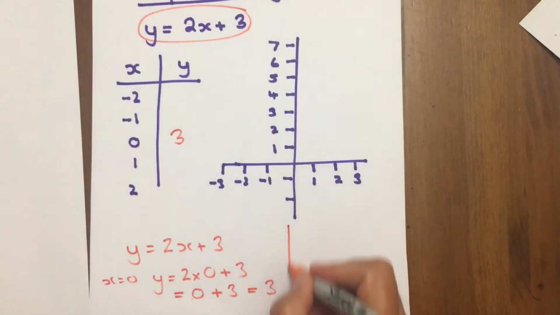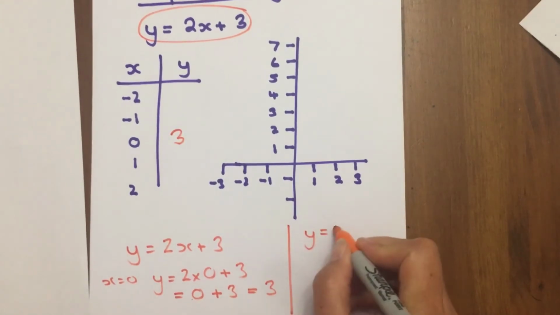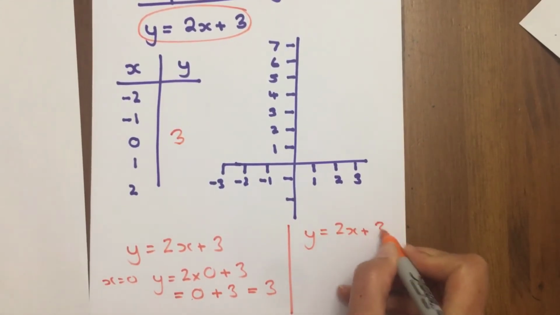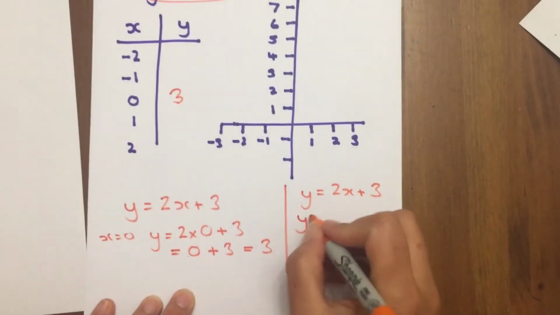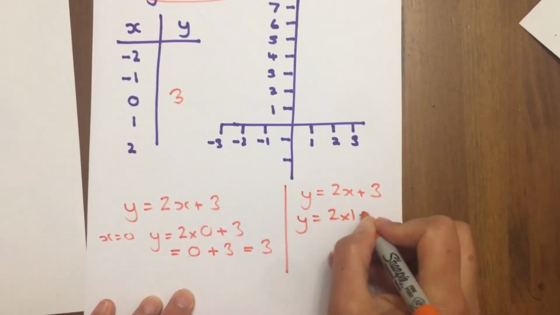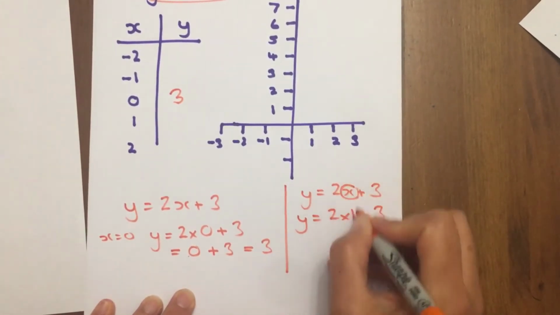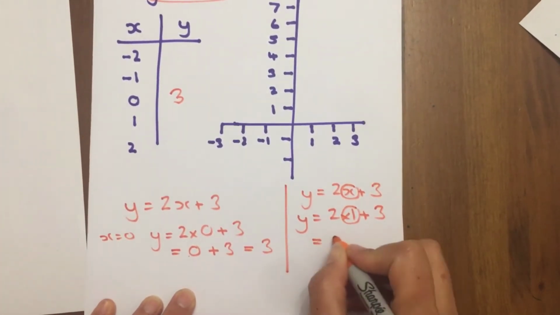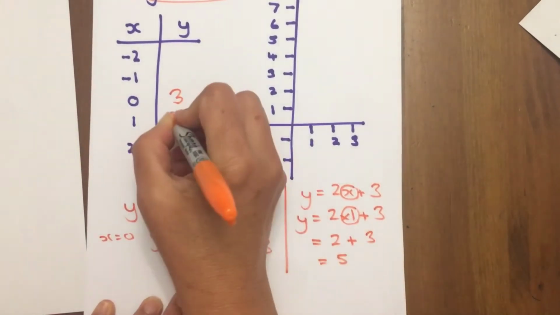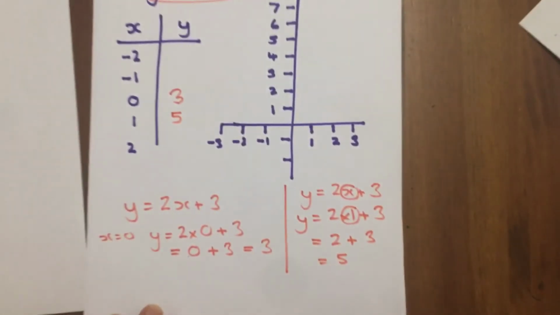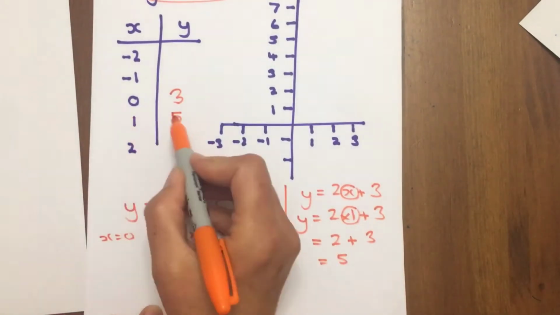Okay, let's see what happens when x is 1. So when x is 1, y is 2 times 1 plus 3. Instead of writing x, I'm writing 1. That's 2 plus 3 is 5. Okay, so when x is 1, y is 5.